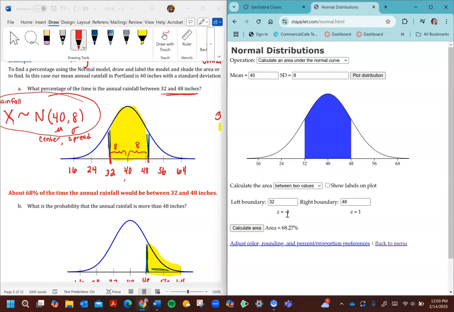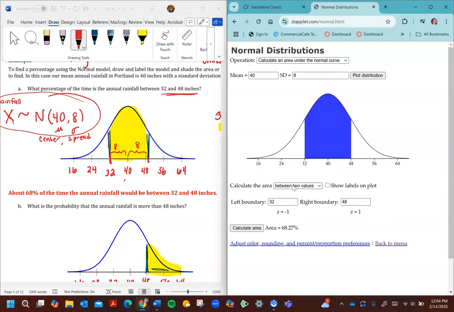It's just giving you the Z values as well, or the number of standard deviations from the mean. And we get 68.27%. So Staplet is going to give it to you in percentage. Again, you can change your rounding as you see fit. You can adjust down here or as indicated in your homework problems.